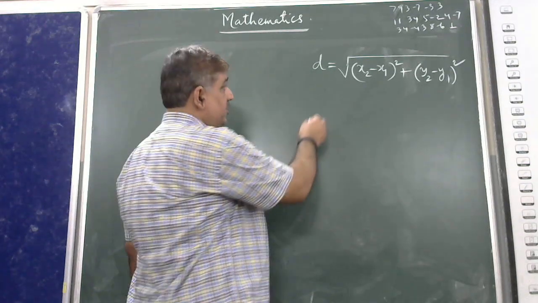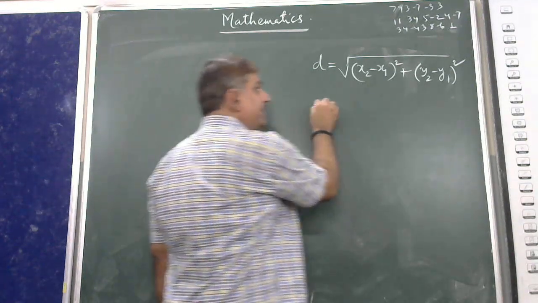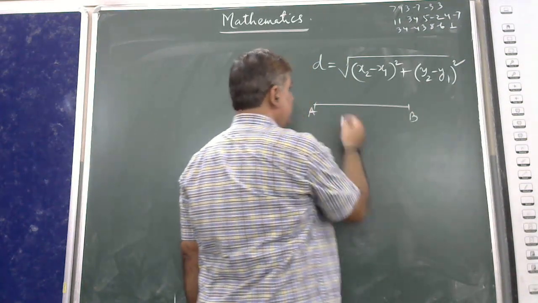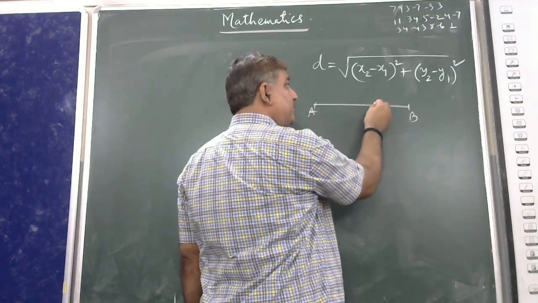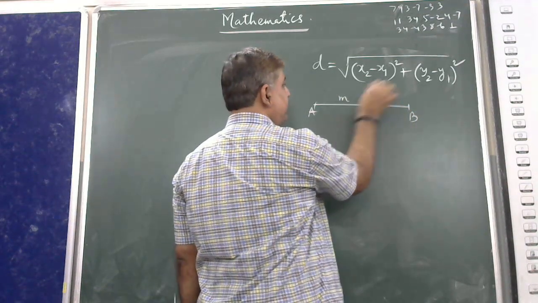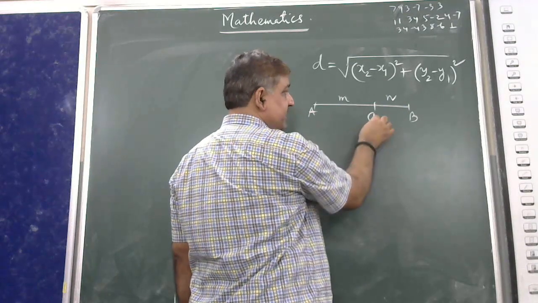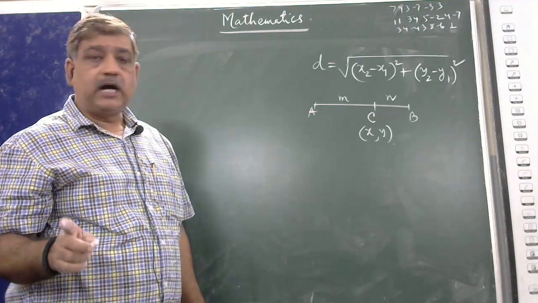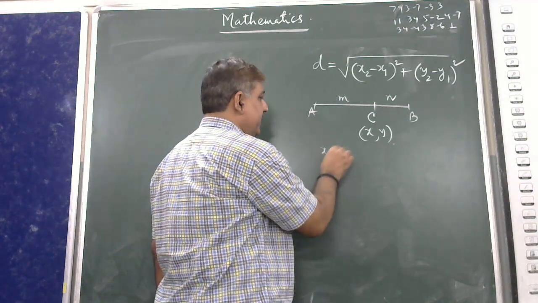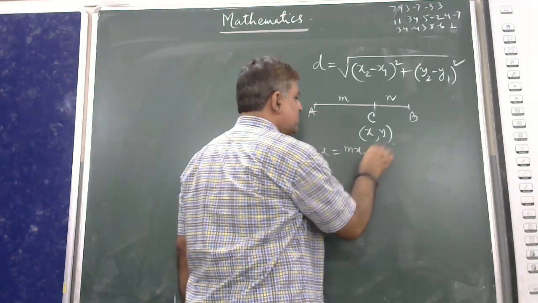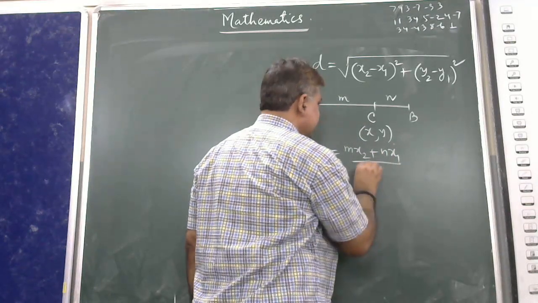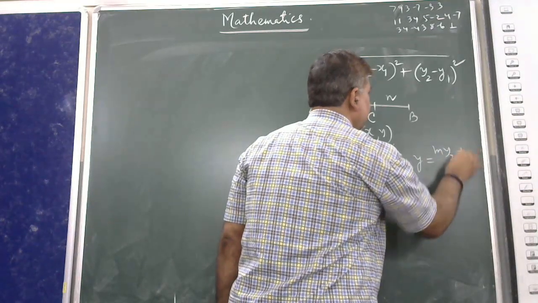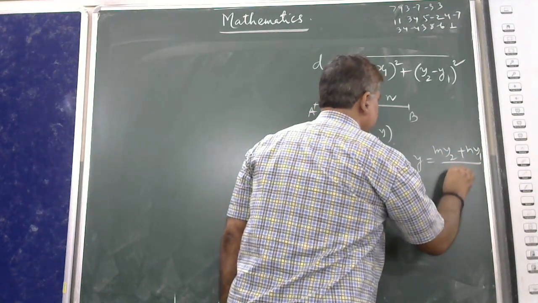Then in section ratio, to find the coordinates of a point which divides a line segment AB in two parts having ratio m is to n, say this point is C, then to get its coordinates we have derived the formula that x is equal to (mx2 plus nx1) by (m plus n), then y equals (my2 plus ny1) by (m plus n).